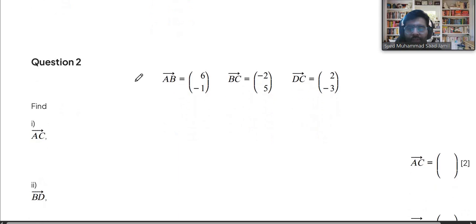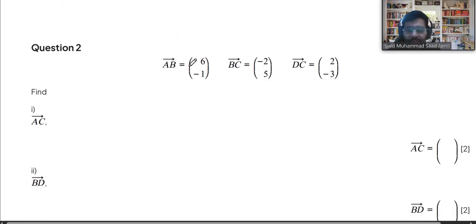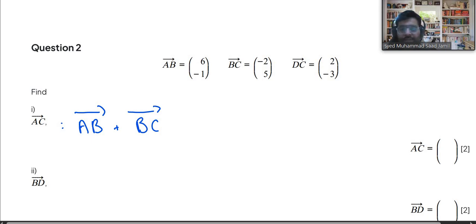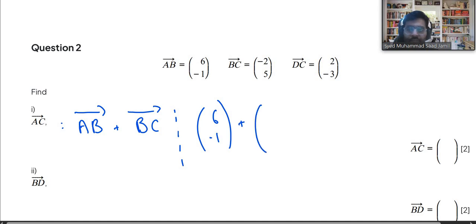Now we will move on to our next question. The next question says we have AB, the column vector of AB, BC and DC. The question says find AC. Now look guys, in order to find AC, we will do AB plus BC because we want to go all the way from A till C. So the column vector for AB is 6, negative 1 plus the column vector for BC is negative 2, 5.